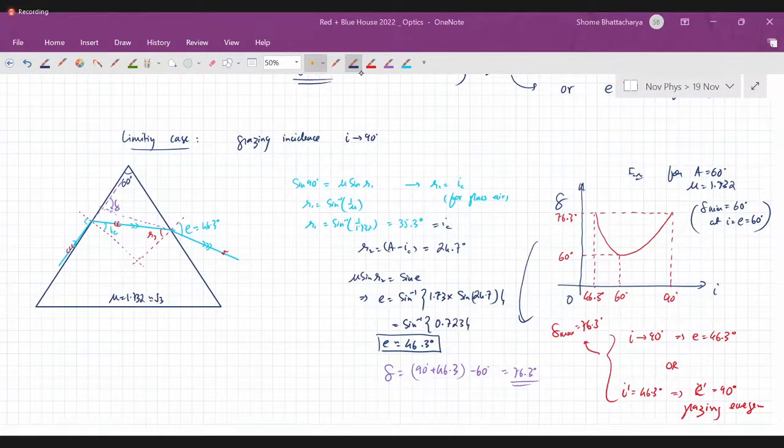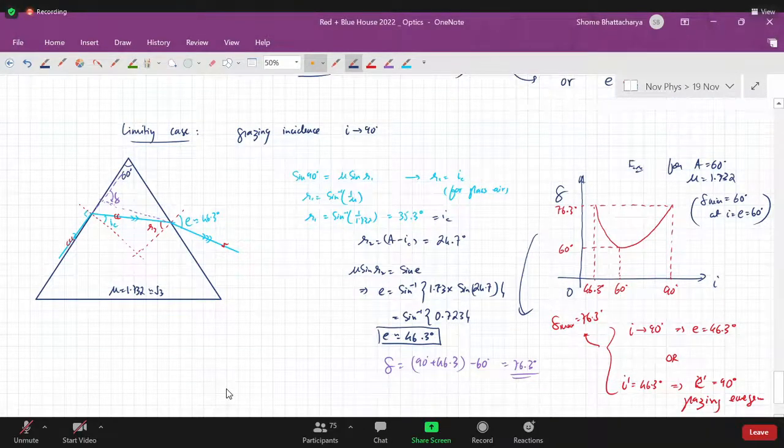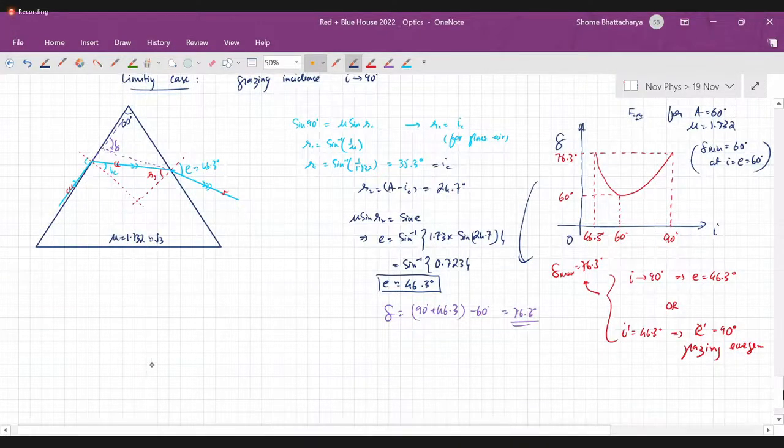So if you take the angle of the prism as 45 instead, you will get some different condition for delta maximum. For this limiting case, you'll see that for I prime equal to 46.3 degrees, you will get R1 prime as what the R2 was over here, 24.7 degrees.